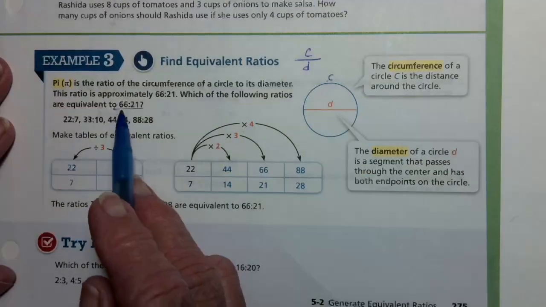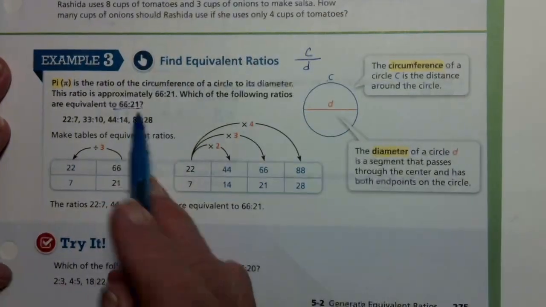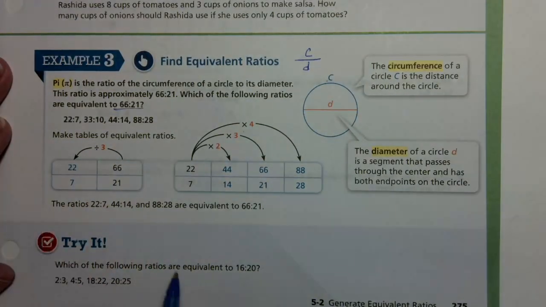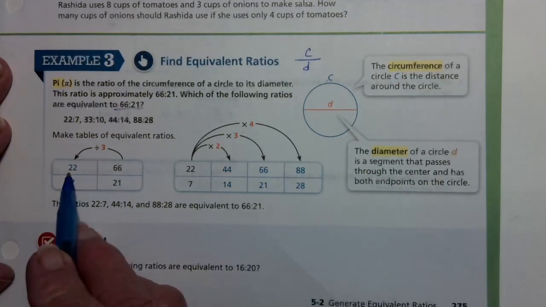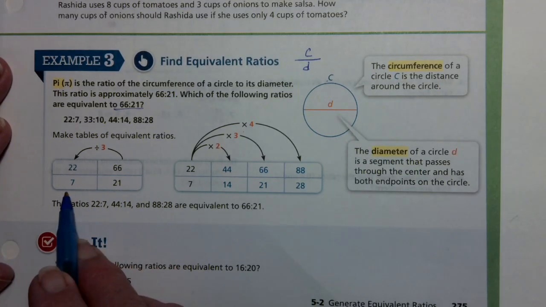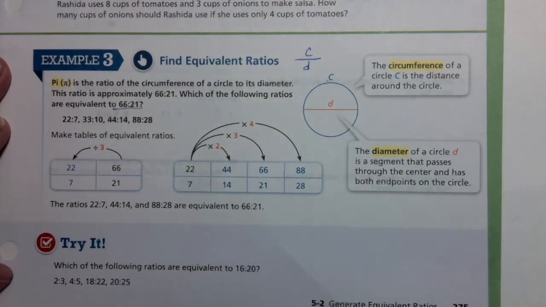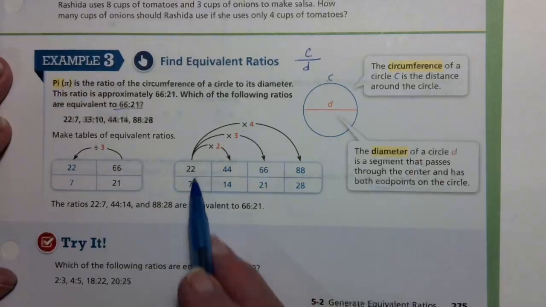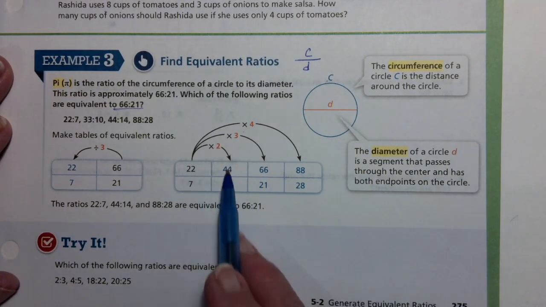Well, I know this is divisible by 2. This one's not. This is divisible by 3, and so is this one. So here's what I've got, and I'm going this way. So I'm dividing, so I'm going this way on my chart. 66 divided by 3 is 22, and 21 divided by 3 is 7. Okay, over here, if I take my 22/7 and multiply it by 2, I get this.